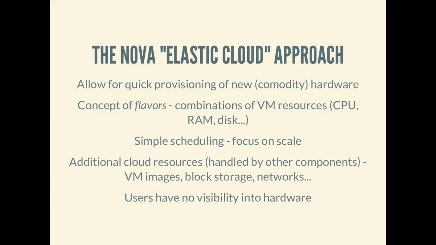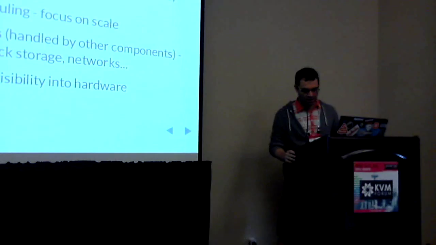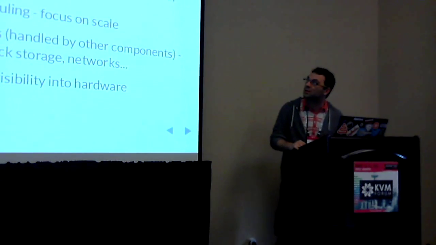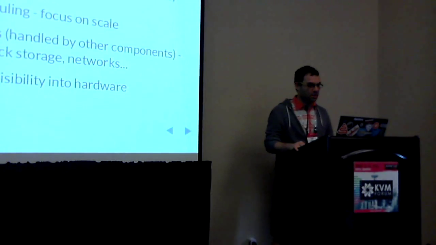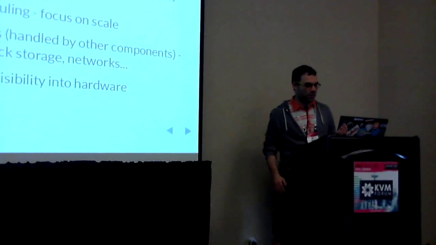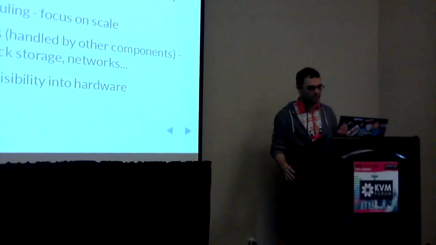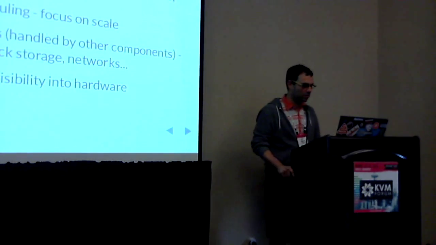So, let's talk a little bit more about the elastic cloud and how it might be different from standard virt environments. The idea, or the end goal, the ideal, is to be able to quickly scale out by adding and provisioning new hardware.